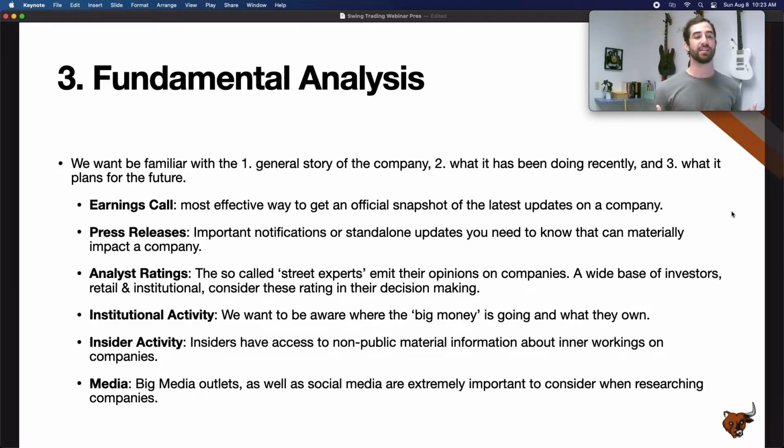And then lastly, quickly take a look at what social media is saying, what the retail investor base thinks about the company that you're analyzing. Especially nowadays, guys, with everything that's been going on, with the huge online communities that are forming, they're having an impact.